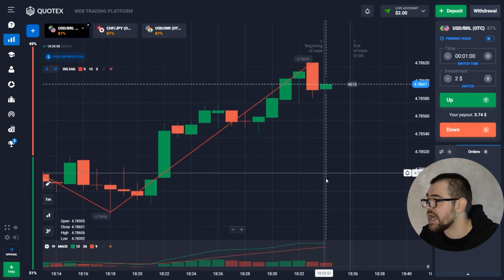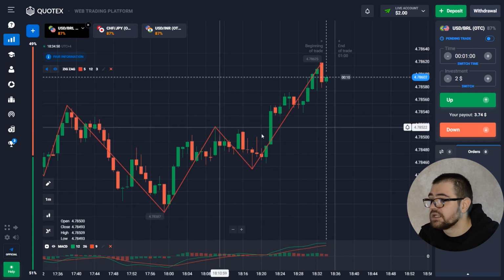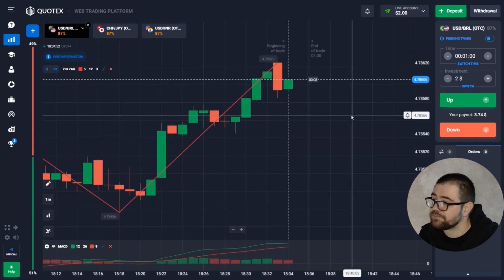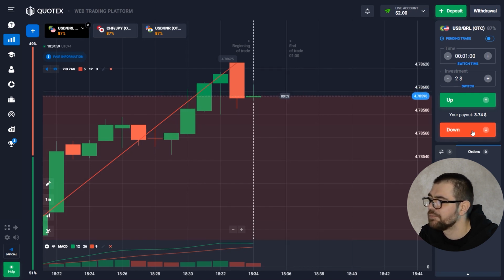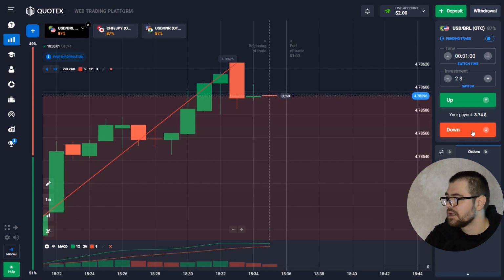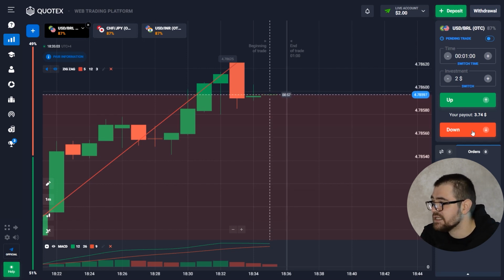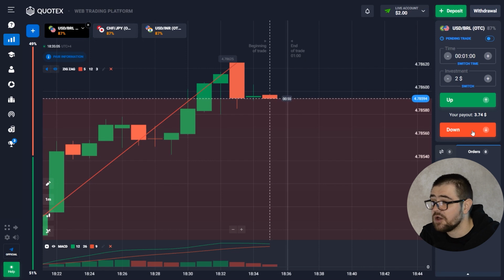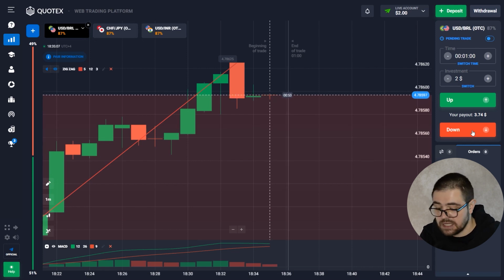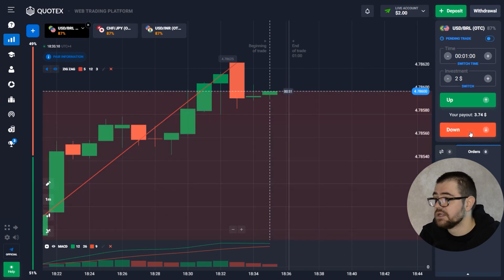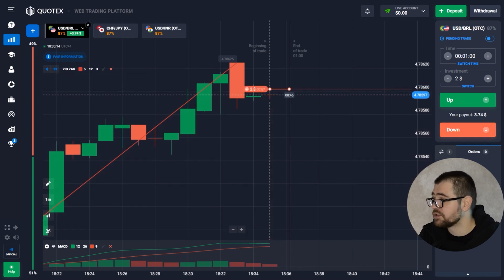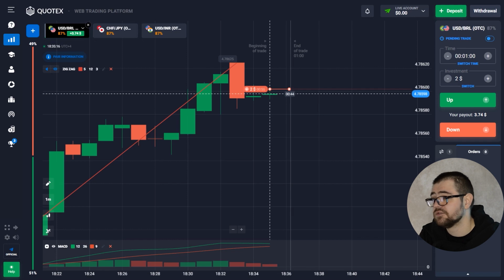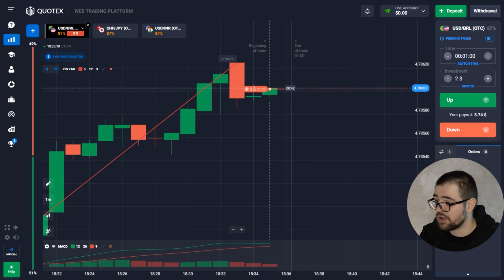So we're gonna go ahead and choose, go have a put option here because MACD is really on the maximums and it is basically spending its time in the overbought section of the graph.